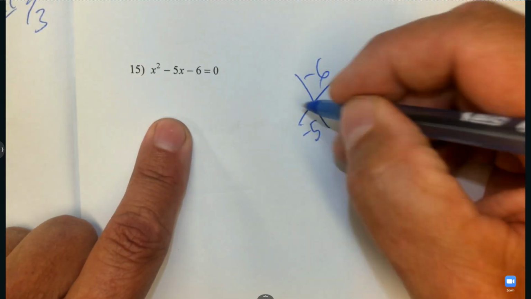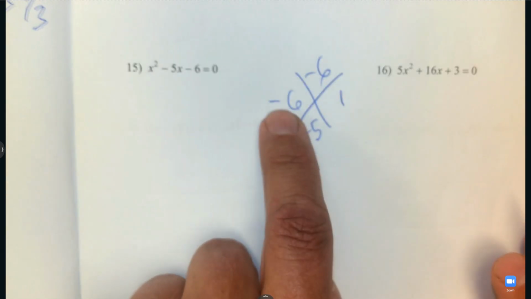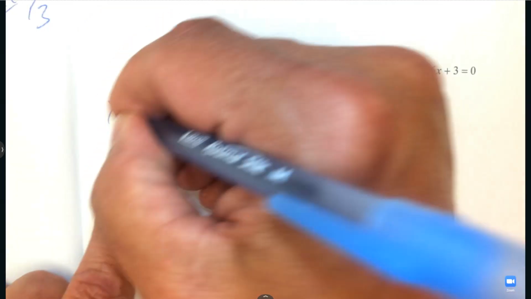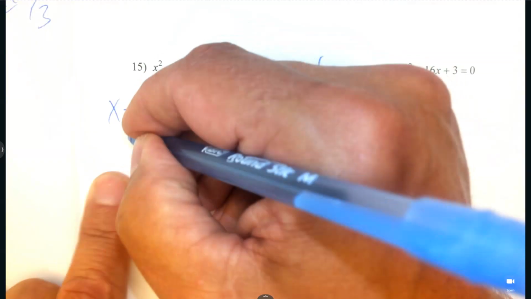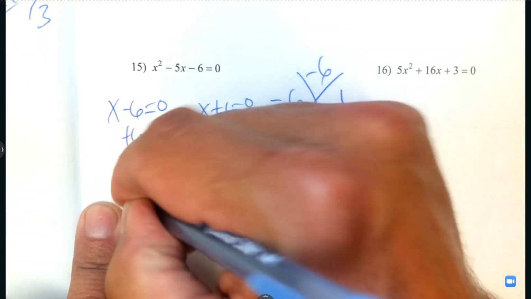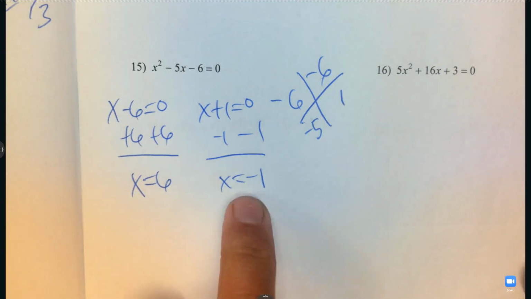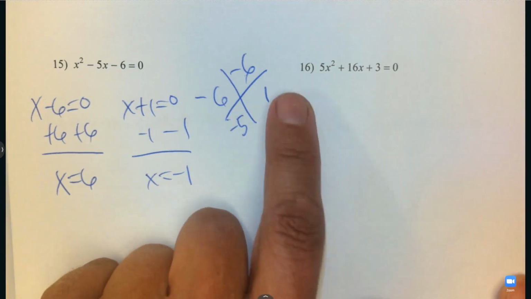Now, it's got to subtract, so it's got to be 6 and 1. So -6 times 1 and -6 plus 1, not 2 and 3. Then take each factor, so -6 and +1 equal to 0, and solve it. And it's done.